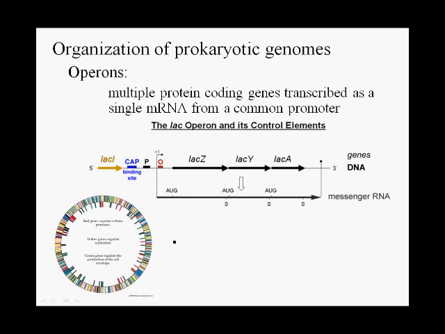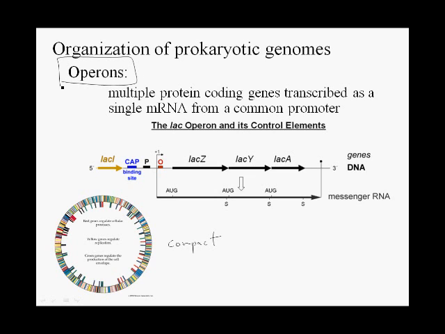And their major feature is that they're very compact, very little wasted space between genes. So they use a very high percentage of their genome to encode protein coding genes or otherwise functional ribosomal RNA genes and other types of functional RNA genes. Not only are their genomes very compact, but we see a functional organization into what are called operons.